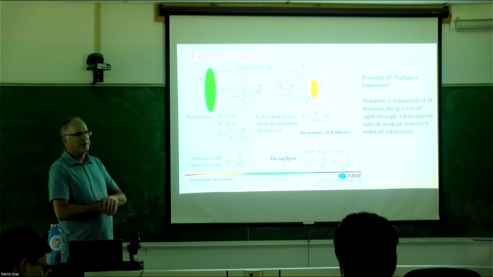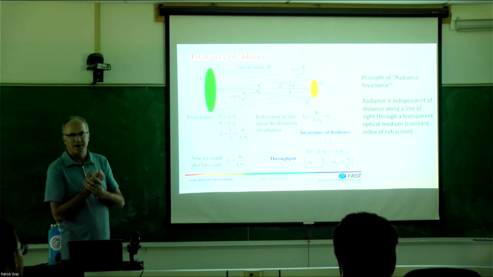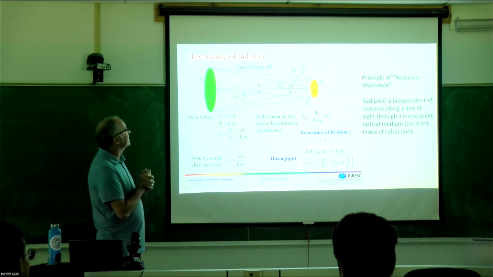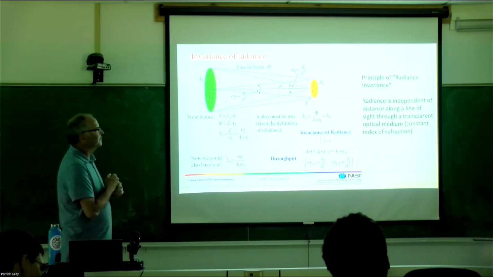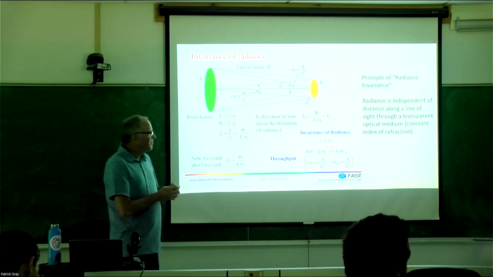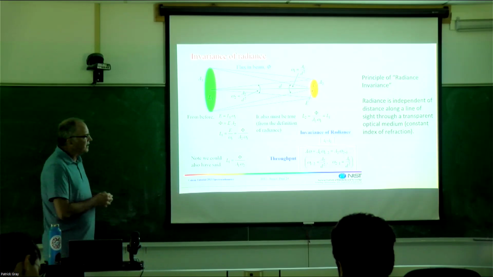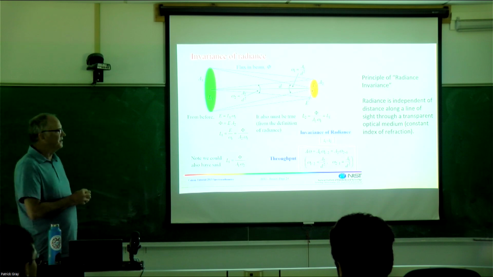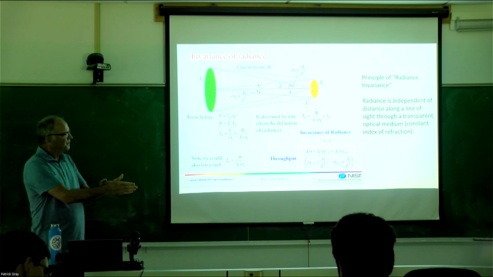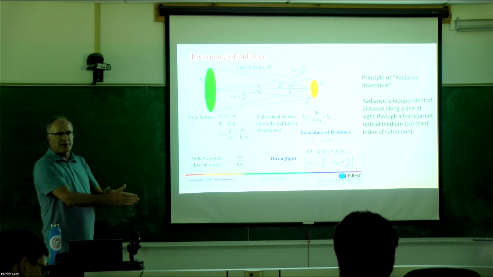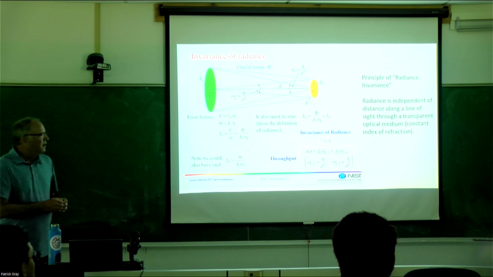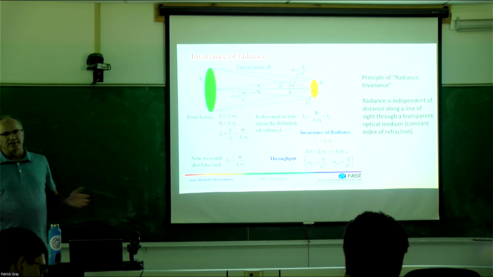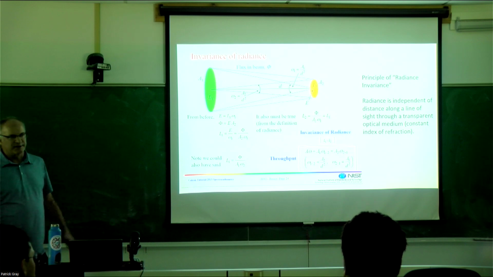One good rule of thumb to remember also is what's called the invariance of radiance, or the principle of radiance invariance, which basically means that radiance is independent of distance along a line of sight when you're in a transparent and unchanging optical medium. In other words, there's no change in the index of refraction of the medium.